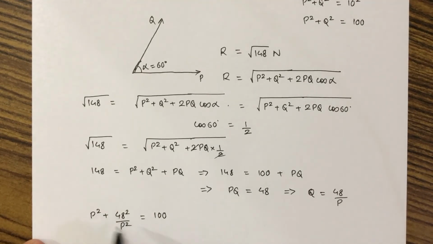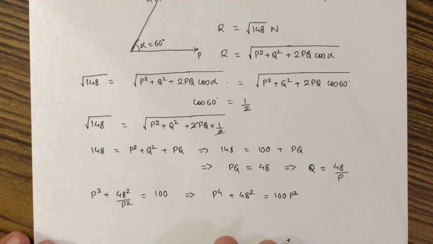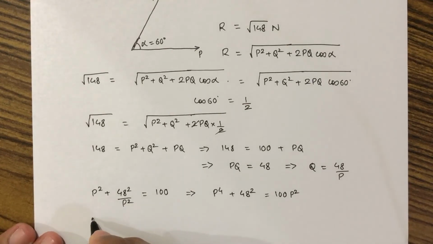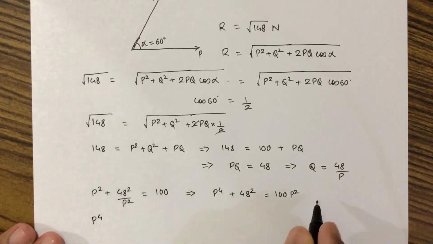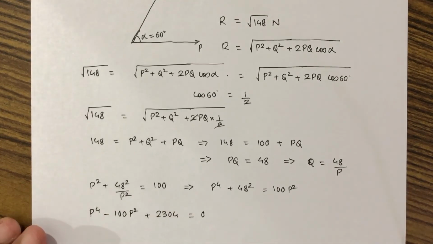And solving this, we will get P to the power 4 plus 48 square is equal to 100 P square. Now if we take this value over here, P to the power 4 minus 100 P square plus 48 square, 48 square is given as 2304, is equal to 0.